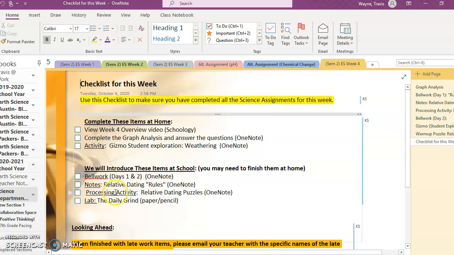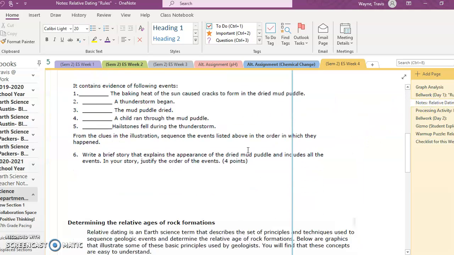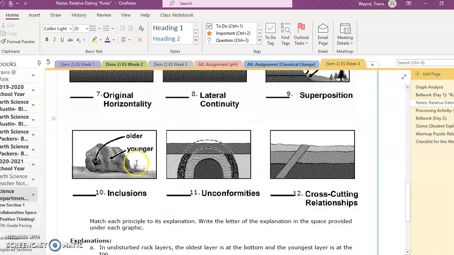The second thing that we're going to be working on in class this week is the notes and processing activity, which falls with the relative dating rules. Notes is going to be on this section here, where we're going to be talking about the different ideas, the different concepts, the different philosophies used to determine the age and relative dating ages of rocks in fossils contained within them.